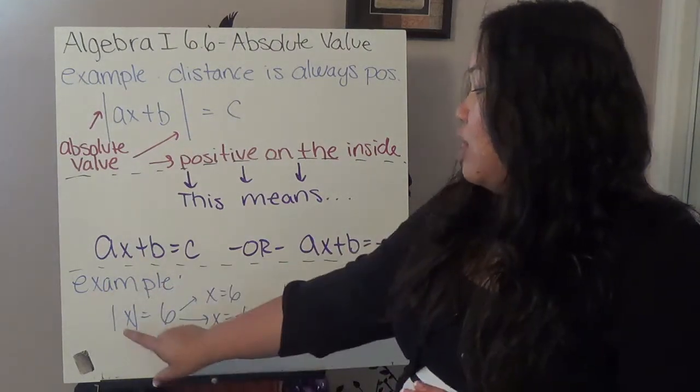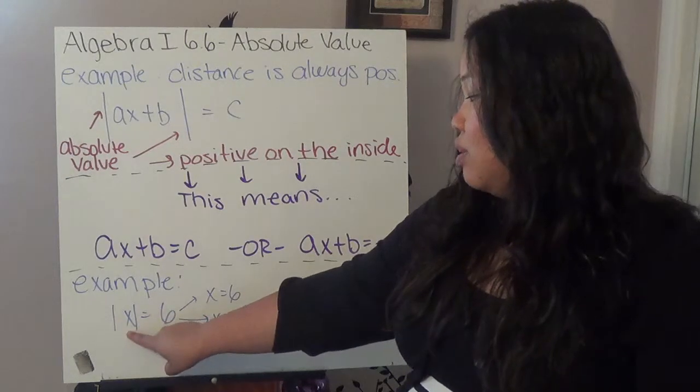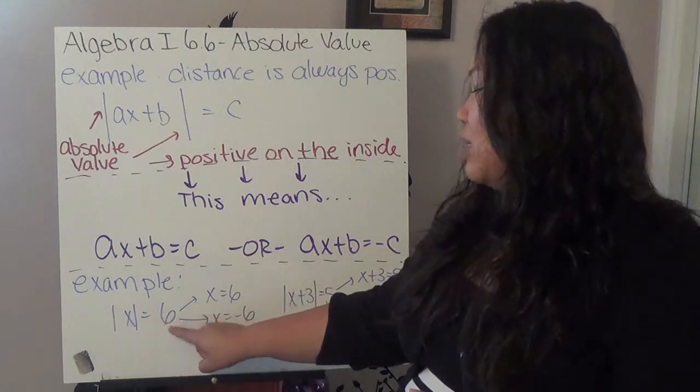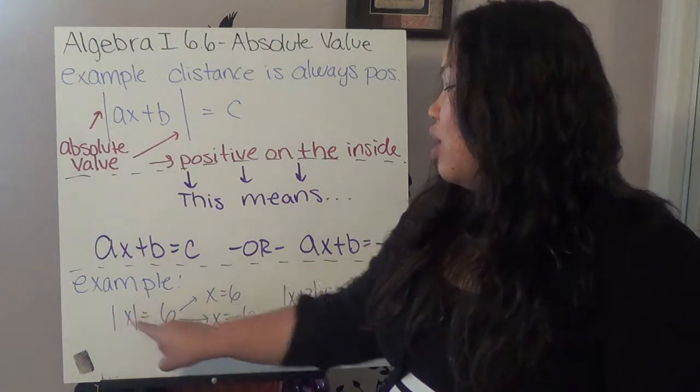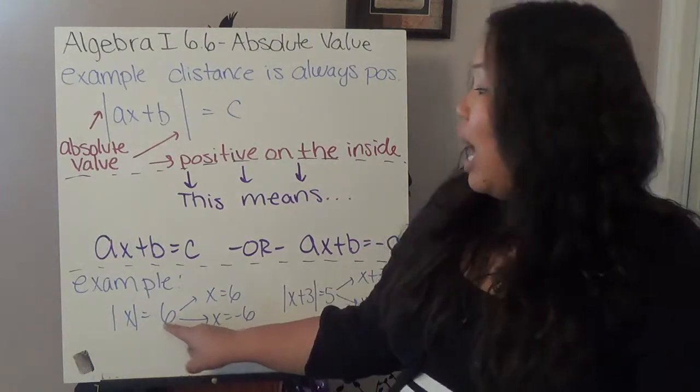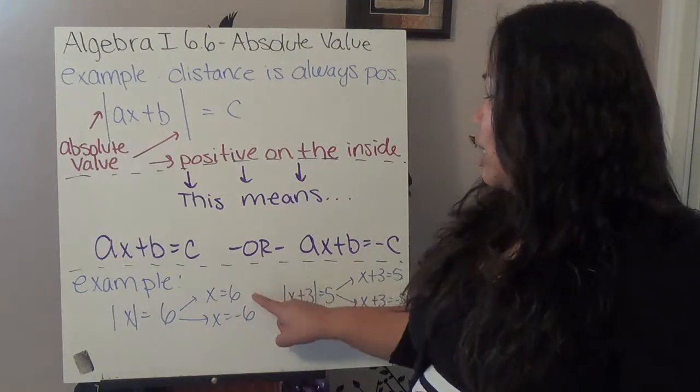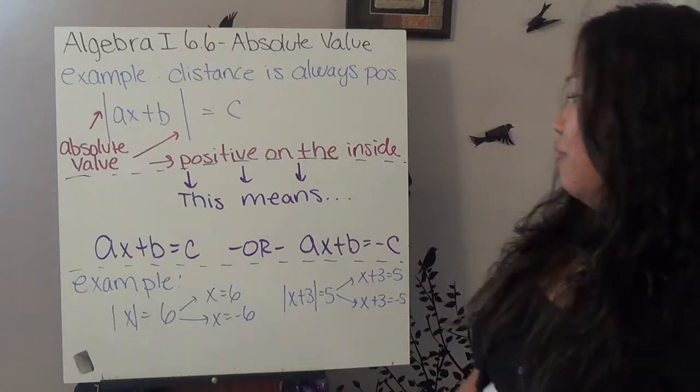The example: the absolute value of x equals 6. That means in order for the answer to be 6, I can either have 6 as a positive or 6 as a negative.